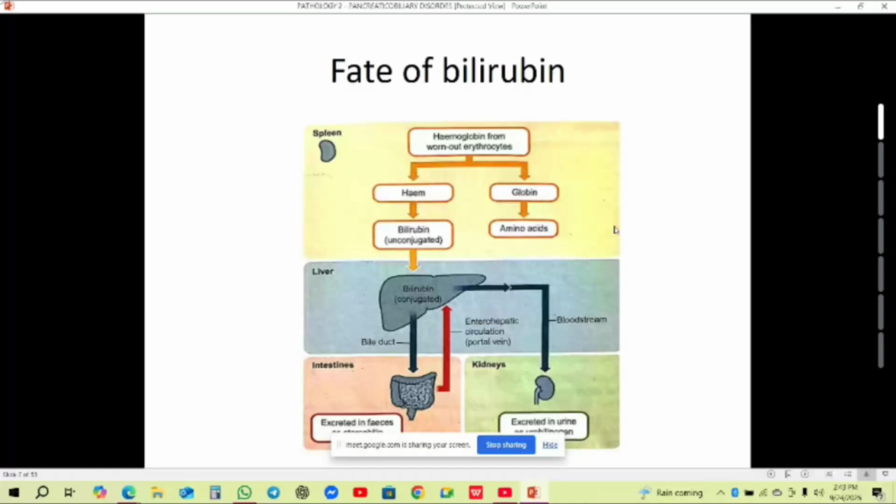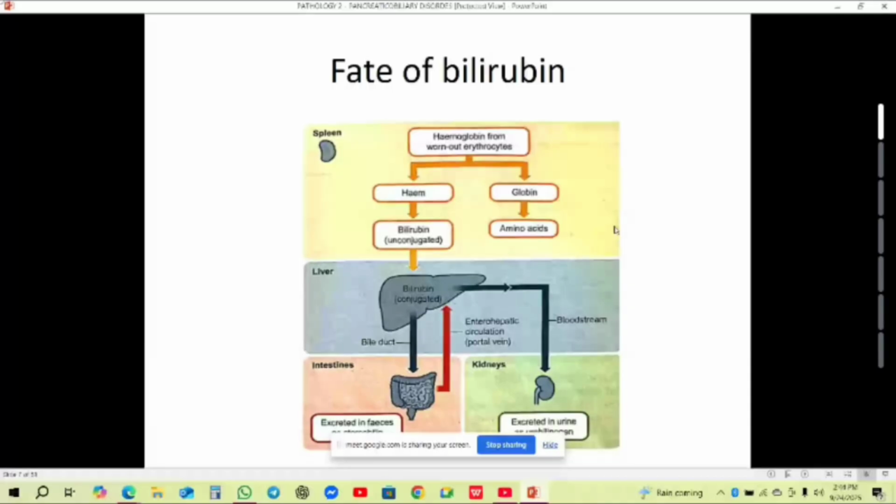And then the heme will now become the bilirubin. Once it is taken to the liver, it will be unconjugated. So part of the function of the liver is to conjugate that bilirubin, because the one that is unconjugated is not soluble in water, but the one that has been conjugated will be soluble.